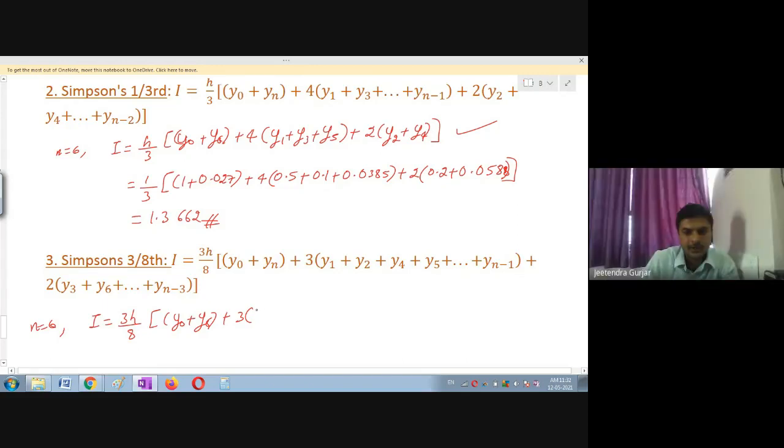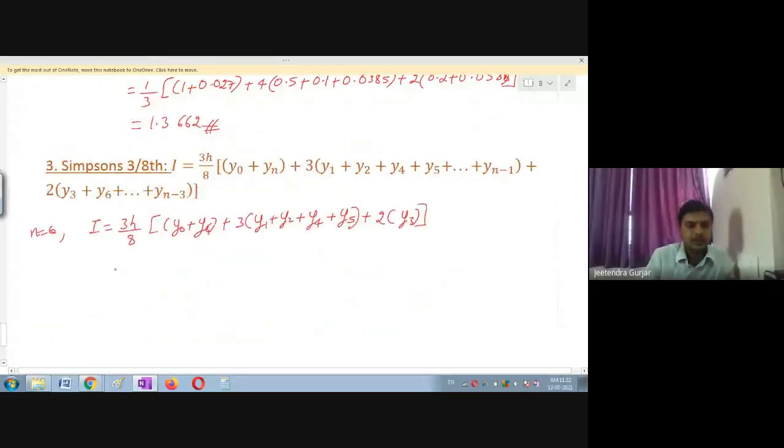Therefore, I will write y1 plus y2, I cannot write y3, then y4 and y5. Y6 I have already written, so this finishes here. Plus 2 times, here only y3 will be there because y6 I have already written. This is the multiple of 3, and you should write it in this bracket.